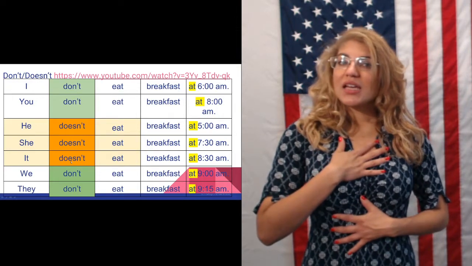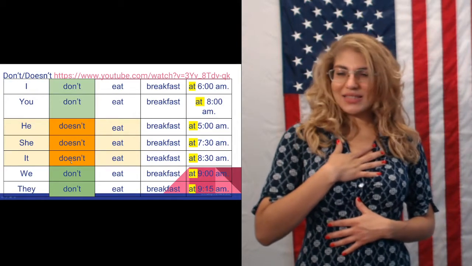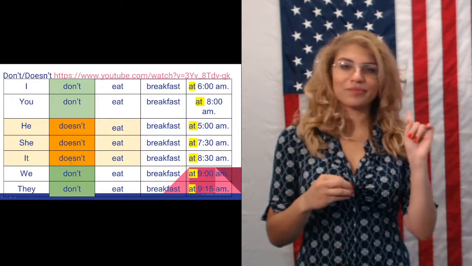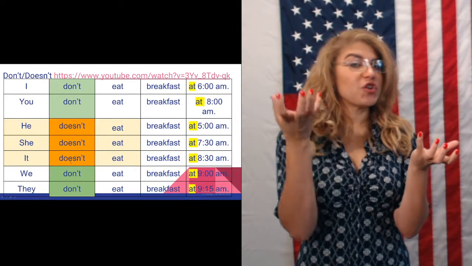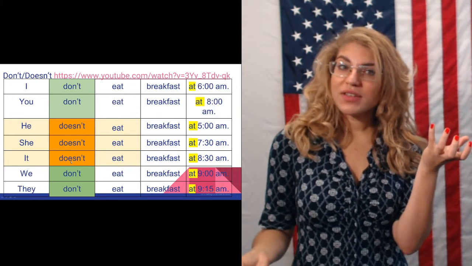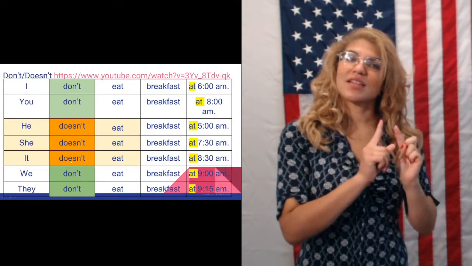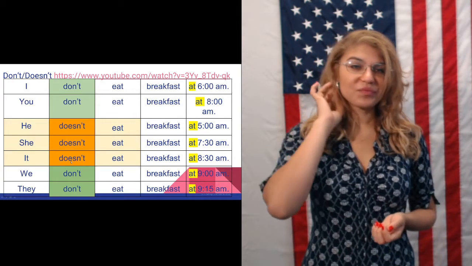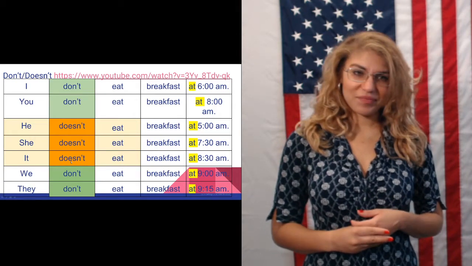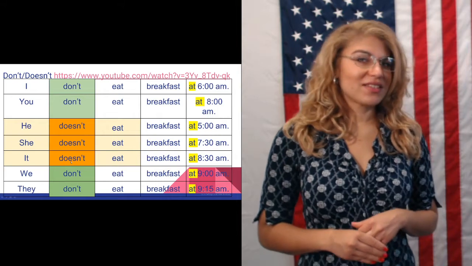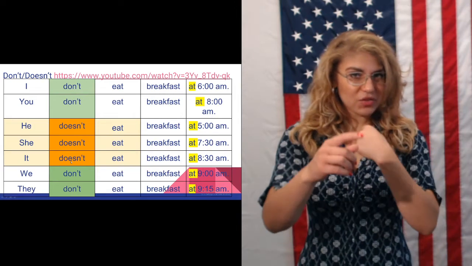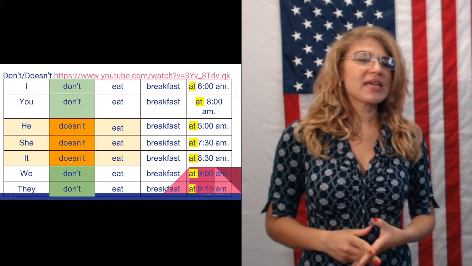Similar to I don't, we cannot say he no eat breakfast. We change the word no for doesn't. He doesn't. So, he no eat breakfast? No. He doesn't eat breakfast at 5 a.m. She doesn't eat breakfast at 7:30 a.m. It doesn't eat breakfast at 8:30 a.m. Now, for you and me together, we don't.